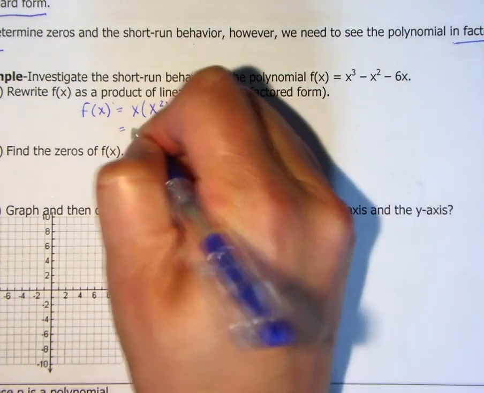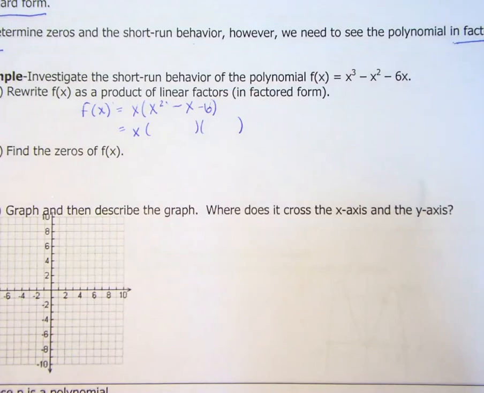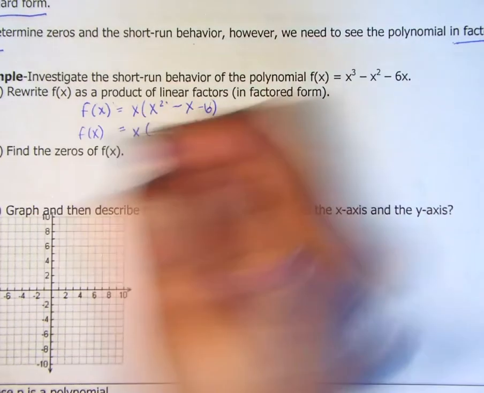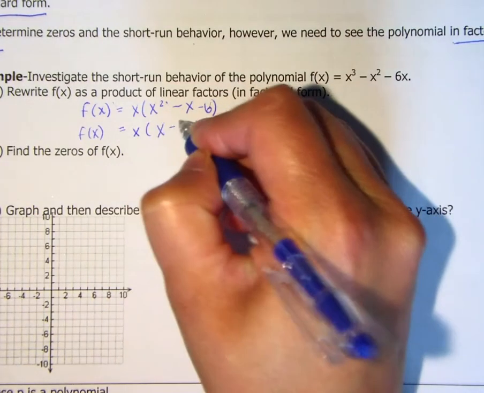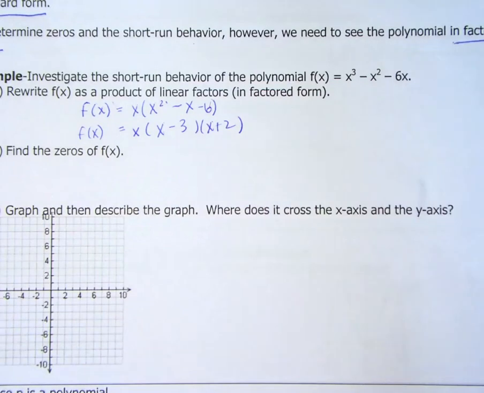And then how can we then factor that trinomial? Haley? Yeah, so there's a reason why I had you guys do that factoring review last time. It's because I should be able to just ask you real quick and you should know how that factors. Yeah?